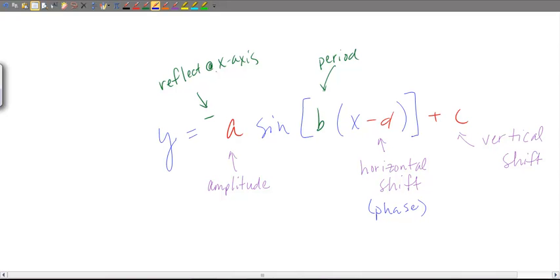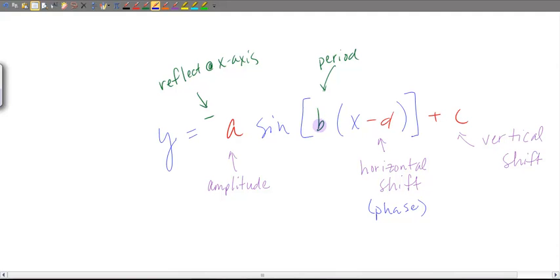We also have a shift inside the parentheses with the variable x. We call this a horizontal shift, and in trig we call these phase shifts. So a phase shift is technically a horizontal shift left or right.